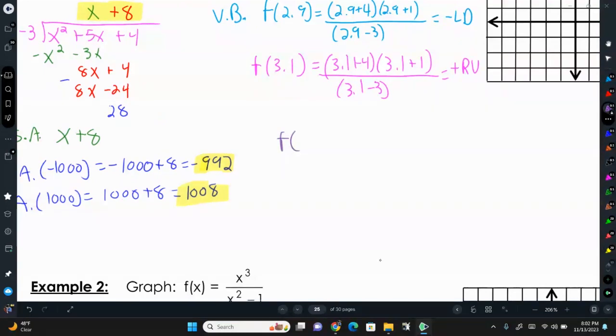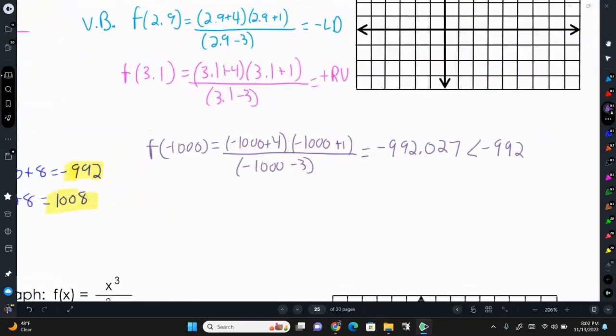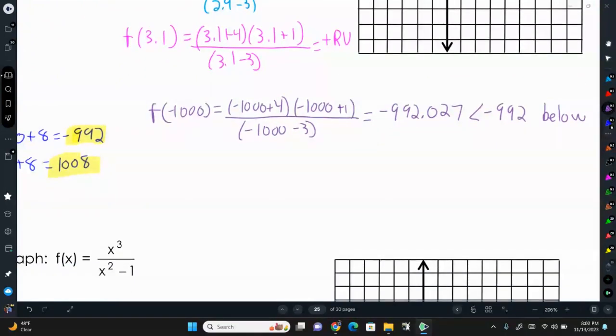So f of negative 1,000 is equal to negative 1,000 plus 4 times negative 1,000 plus 1 over negative 1,000 minus 3. When I type that into the calculator, I get negative 992.027, which is less than negative 992. So the left side is going to be below the asymptote. Then we're going to substitute in positive 1,000.